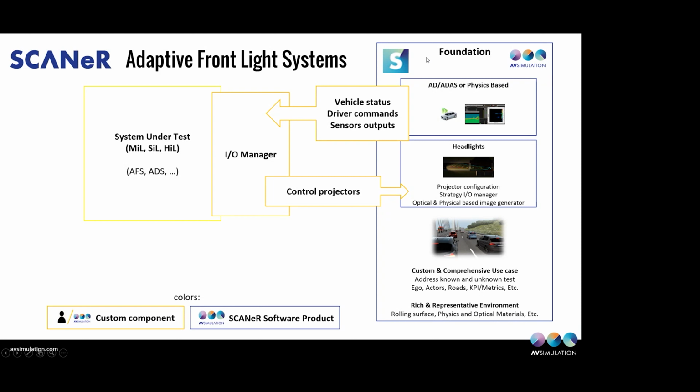Give this information in terms of obstacles, objects, vehicles, pedestrians surrounding the vehicle, or directly, if we're talking about the physics-based, directly the representation of the environment in terms of physics, whether it is for a radar or a lidar. Give this information directly to your system under test, which would be a matrix beam or a pixel lighting, etc.